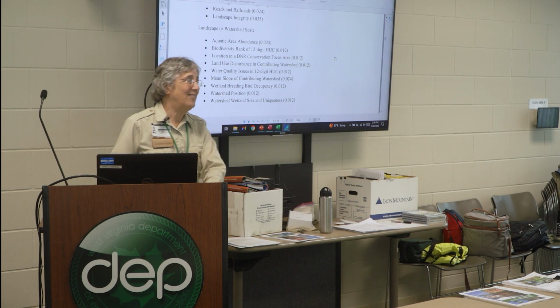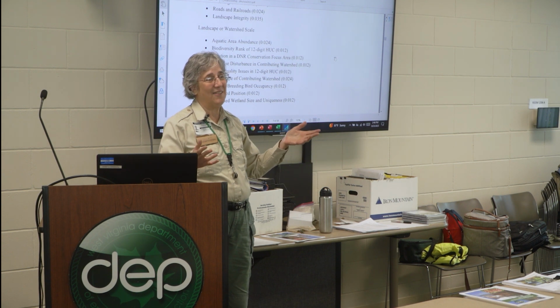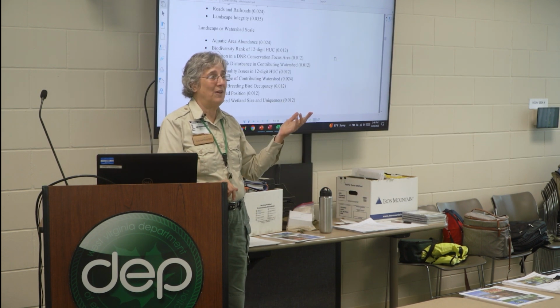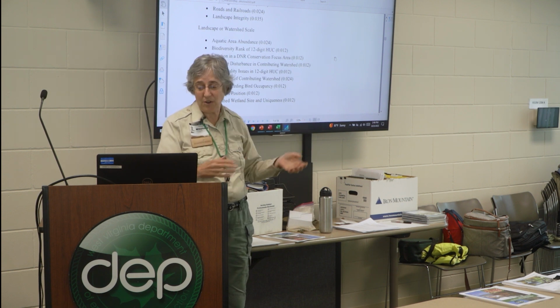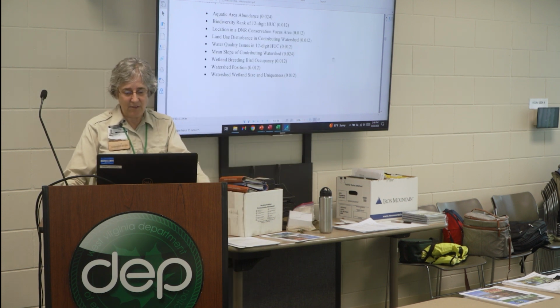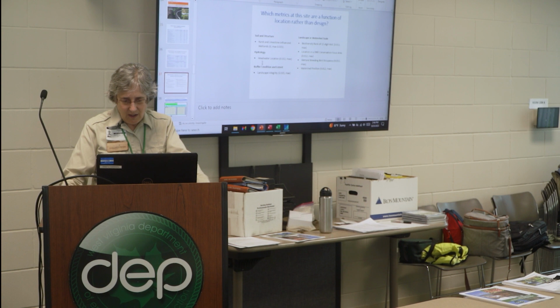So wetlands that are the only wetland in a watershed get ranked higher, they get extra points for being, say, the largest wetland or the most important wetland within a watershed, that kind of thing. So yeah, just to mention those. Okay.